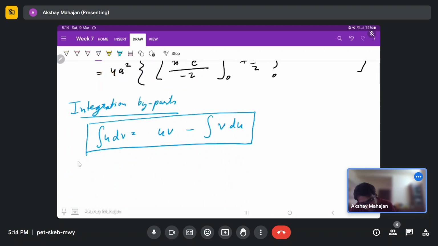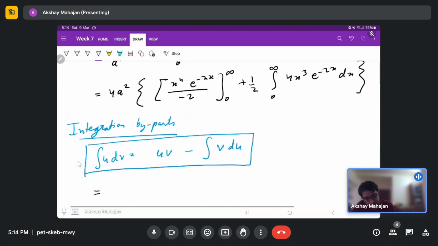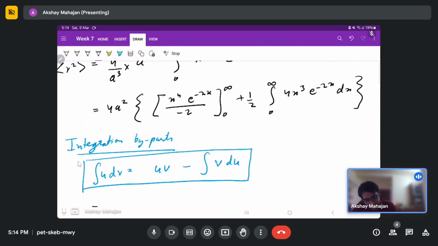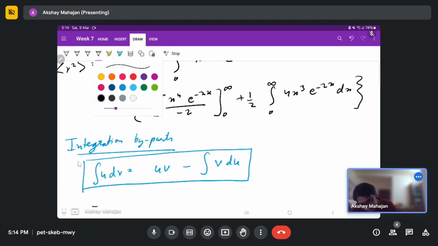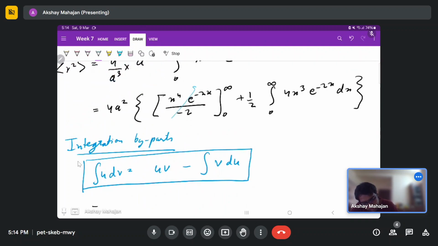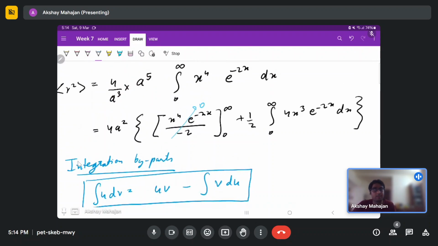Continuing again, you can see that this value will give you 0, because e to the power minus infinity is 0, and x equals 0 gives 0.